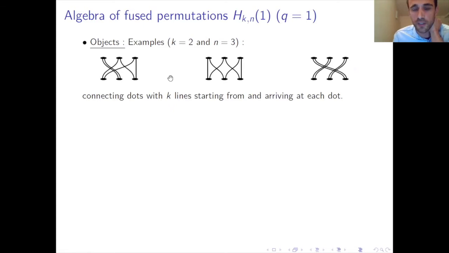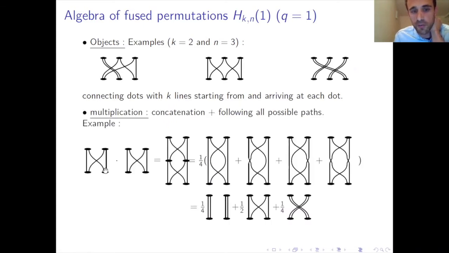Because you see, let's try. We take 2 of them and we concatenate, and then we should remove these intermediary dots, but there is some freedom, so some ambiguity. How can we connect these 2 lines with these 2 lines? Should we connect the first one with the first one and the second one with the second one, or the other way around? So the correct answer turns out to be that we should do all the possibilities and make the sum like this.